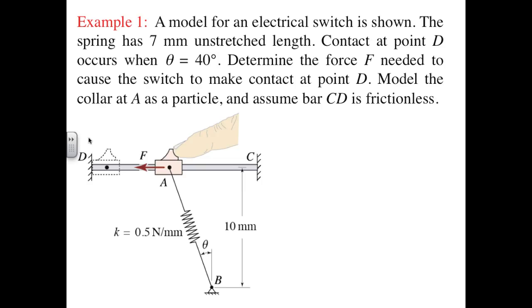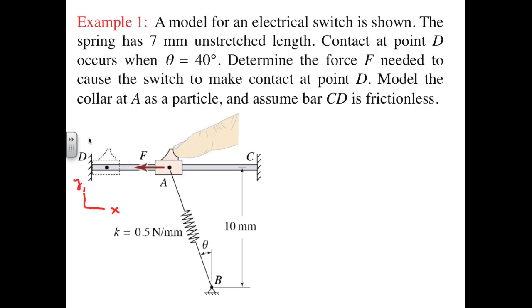In this case, a free body diagram of the switch will not include a contact force at D, since the question presumes the switch is on the threshold of contact. We are also told to assume bar CD is frictionless, so the reaction force between the switch and bar CD will consist purely of a normal force, and if we use a traditional XY coordinate system, that means the reaction force will be purely in the Y direction.